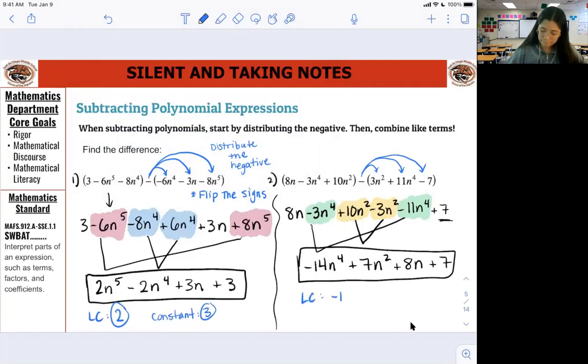Negative 14. What's the constant? 7. How do we feel? Questions on subtraction? Easy. It's almost exactly the same as addition. You just have to remember that first important step of flipping the signs.